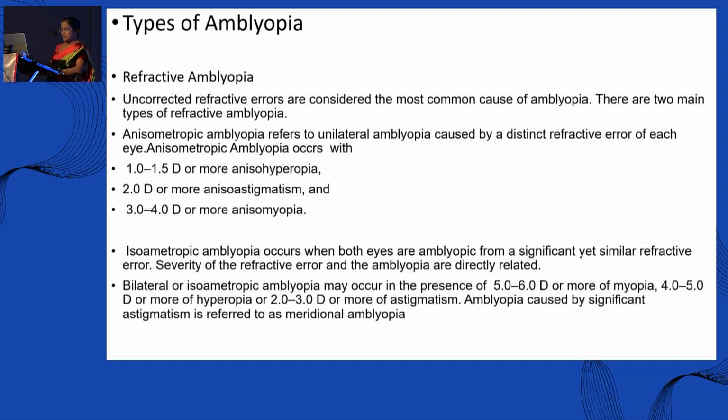Bilateral isometropic amblyopia may occur in the presence of 5 to 6 diopters or more of myopia, 4 to 5 diopters of hyperopia, and 2 to 3 diopters or more of astigmatism. Amblyopia caused by astigmatism is also called meridional amblyopia.